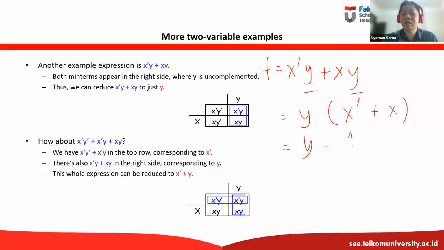So y times 1 will become y. And then by using the K-map, this is x naught y, this is xy. Then we can create a bigger group or bigger block in here. And the identification for this block is when y is 1. So this is y, this is 0, this is 1. And y is 1. So the identification of this block is y. The same.